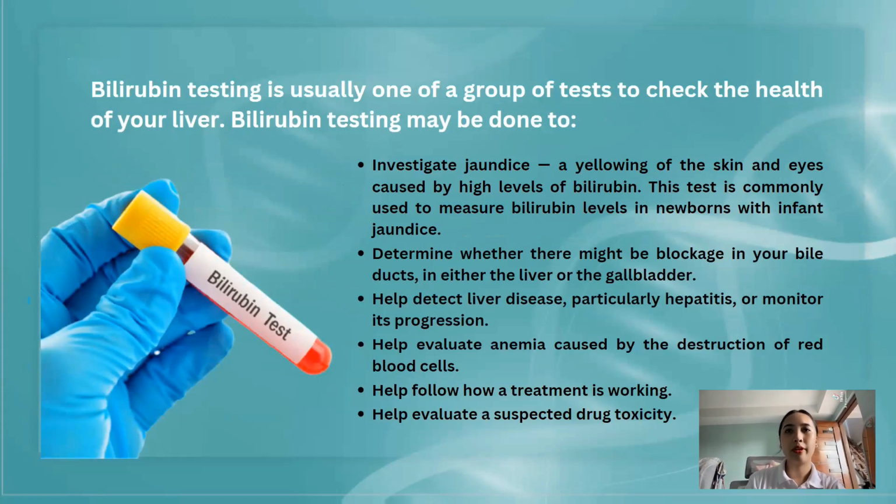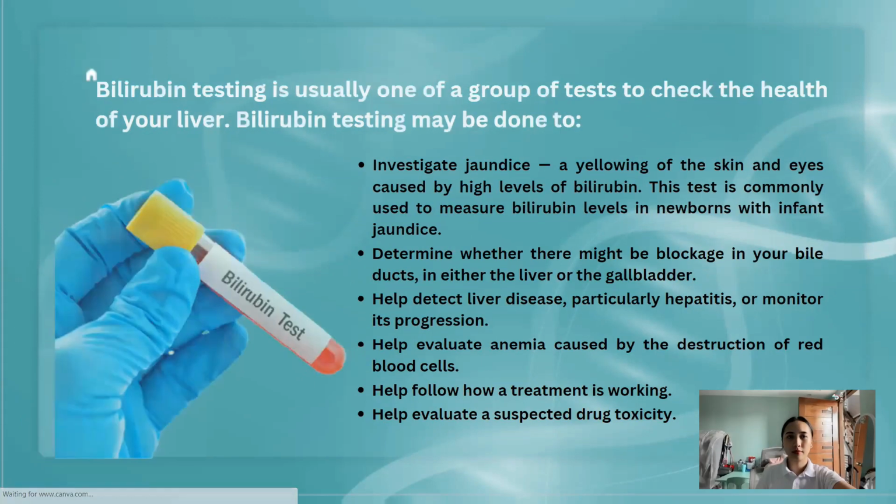Help detect liver disease, particularly hepatitis, or monitor its progression. Help evaluate anemia caused by the destruction of red blood cells. Help follow how your treatment is working. Help evaluate a suspected drug toxicity.